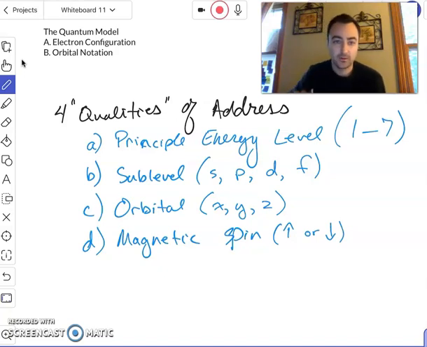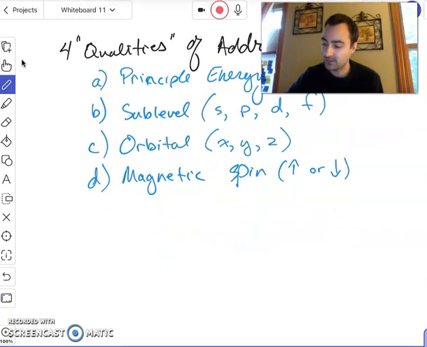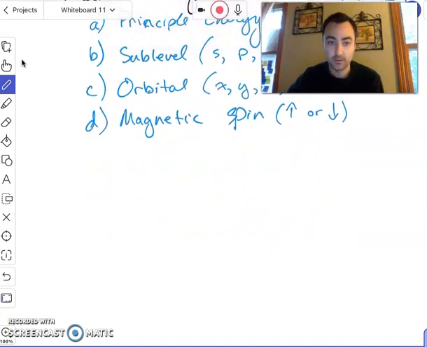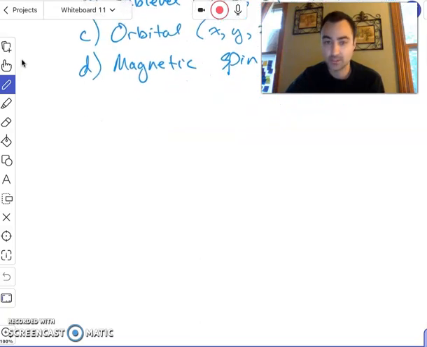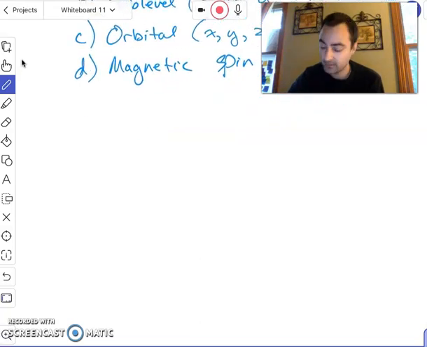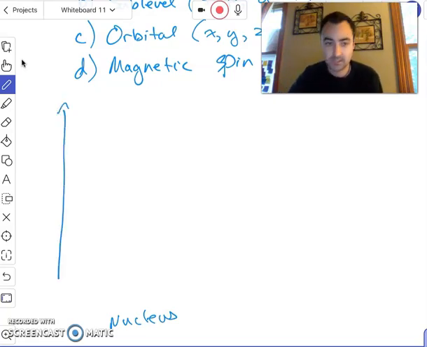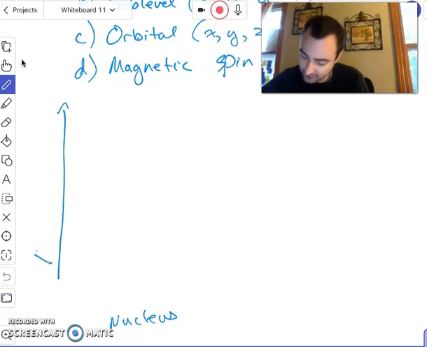Those qualities can all be demonstrated by this diagram. Think about the nucleus of an atom as the center of the atom. The farther you get away from the nucleus, the higher the energy level.